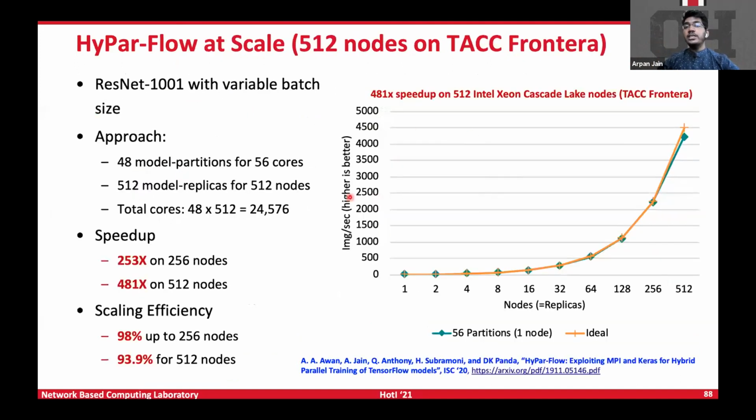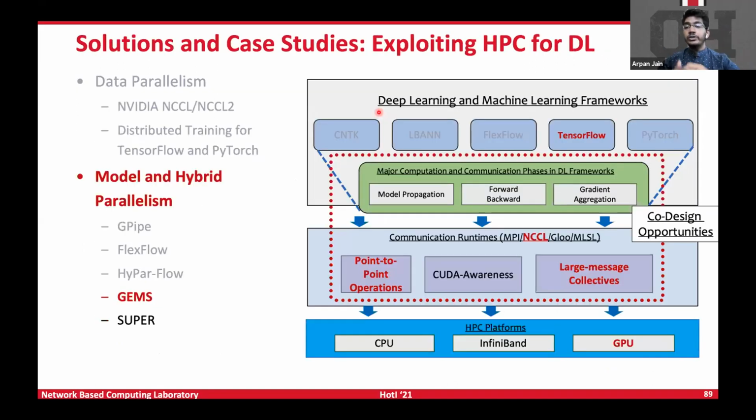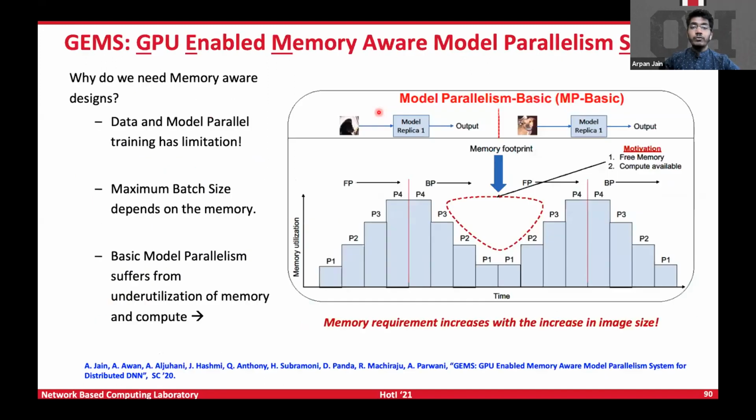So here we are showing the speedup with HyperFlow, and you can expect up to 481x speedup on 512 Cascade Lake processors. So that's very good. Now, if you want to do it on GPUs, then we also worked in this area and presented the GPU-enabled memory-aware model parallelism system.